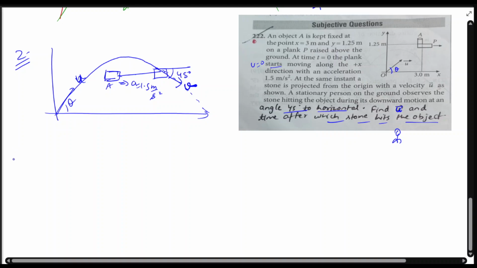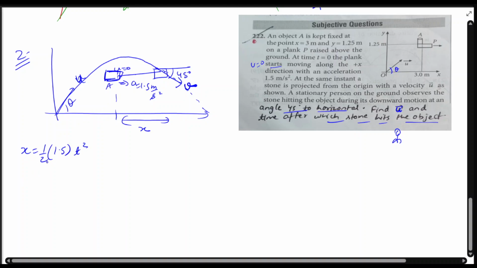It's complicated, so first let's write the equation for this. It has u0. Let's say it covers a distance x. In the horizontal it moves, so we'll use x equals half acceleration 1.5 into t square.